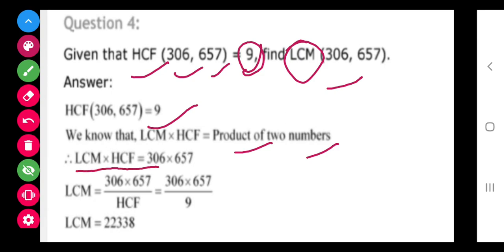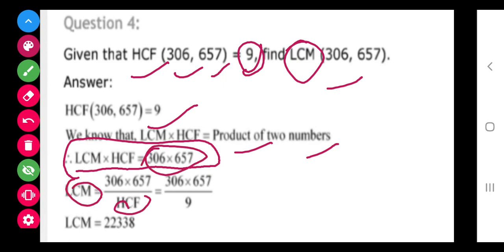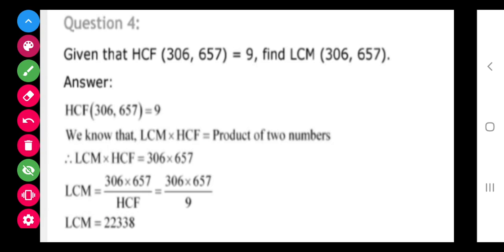So LCM into HCF is equal to the product of the two numbers. So LCM is equal to the product of two numbers upon HCF. HCF is 9. Now solve it, you will get the answer. Directly also we can find it out, but if HCF is given, we will use this formula.